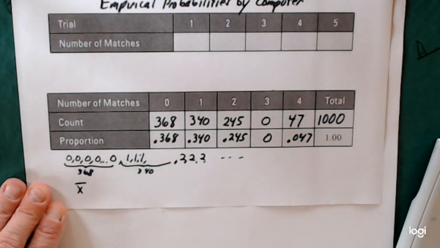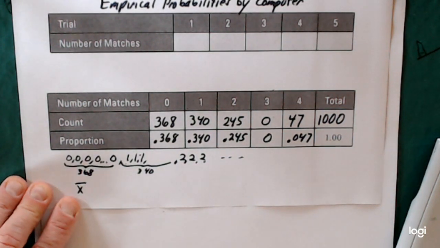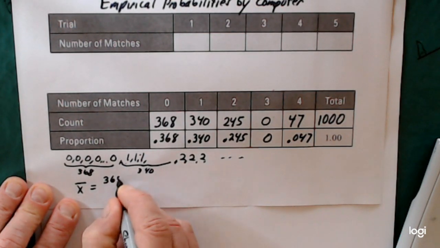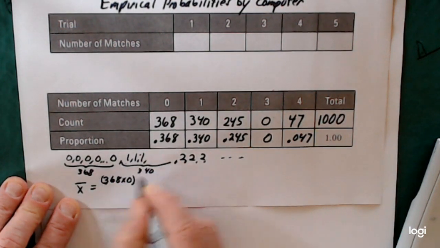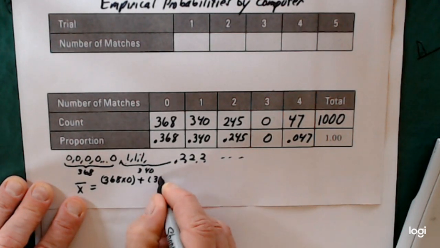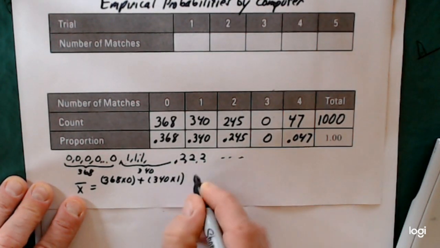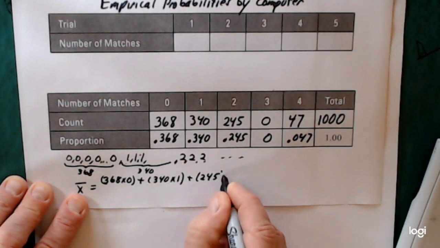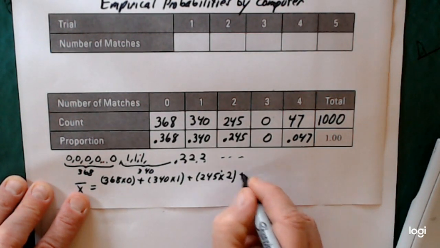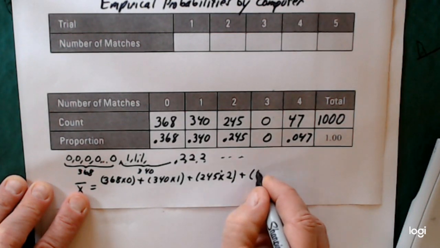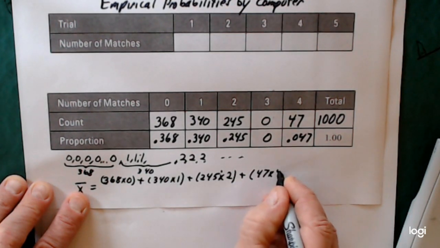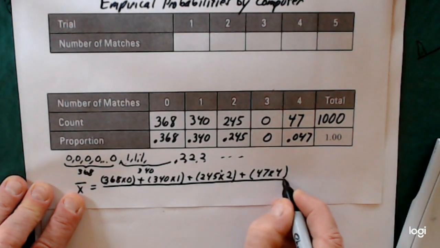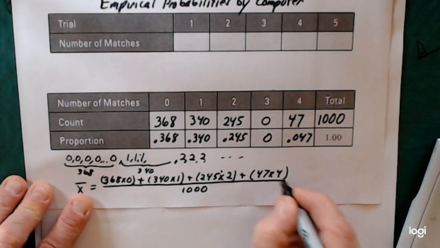If X is our variable representing the number of matches, then the mean is going to be 368 zeros and 340 ones and 245 twos. I have no threes, and I have 47 fours. And then my number of observations altogether is 1,000.